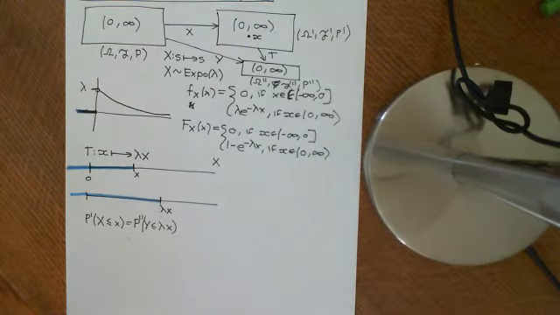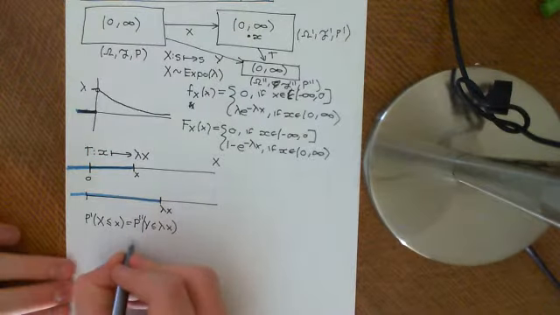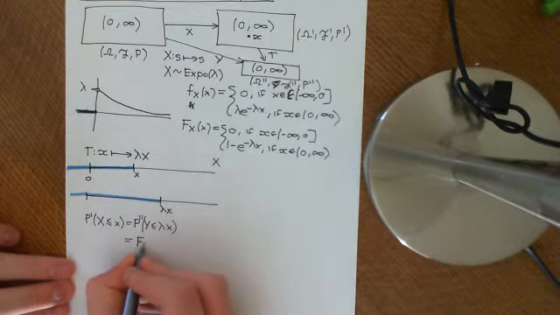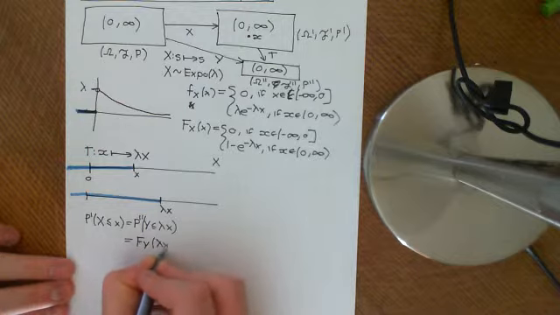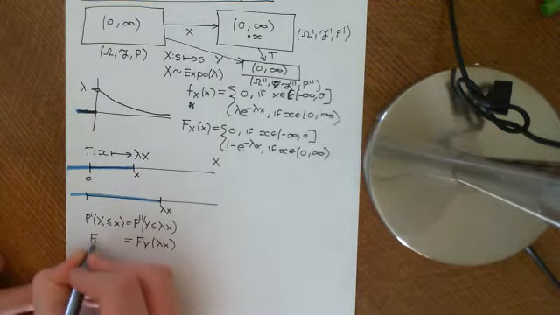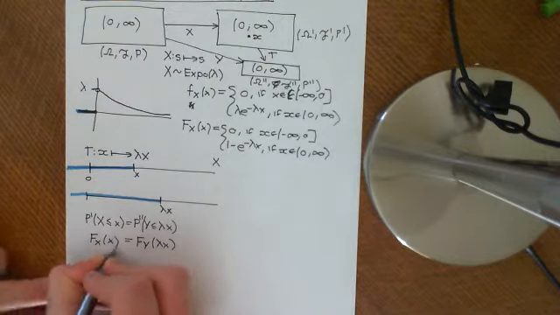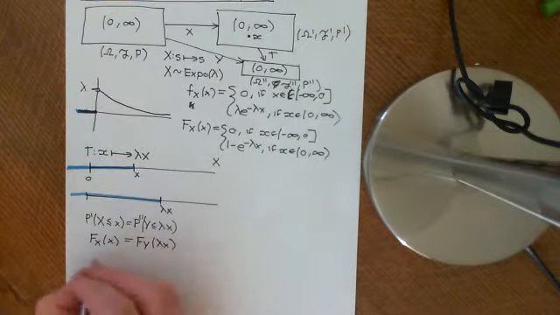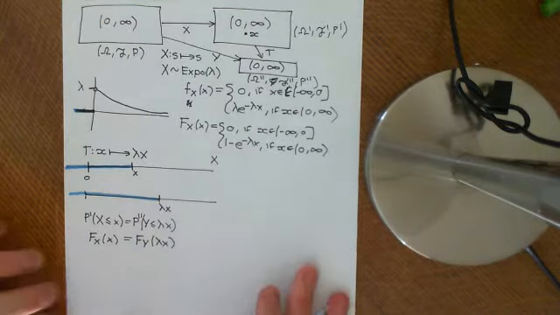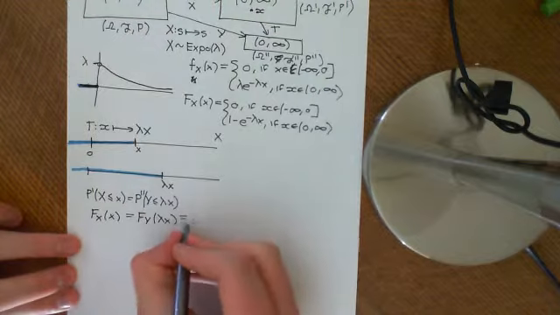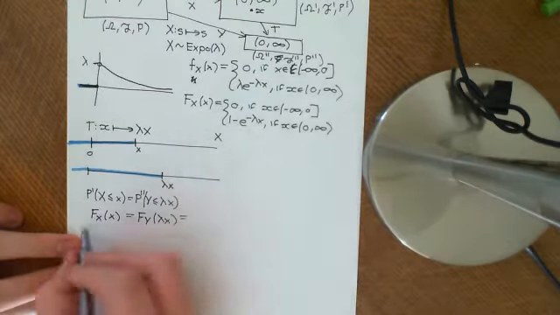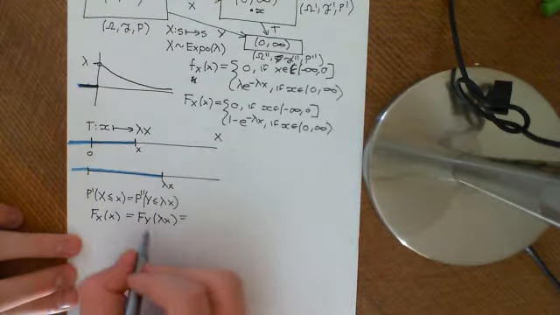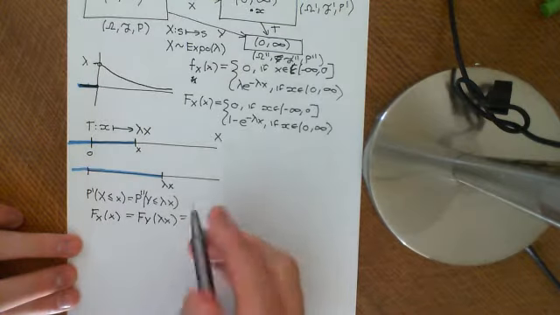Okay, so that says that this is the CDF of the random variable Y evaluated at lambda times x. We want that to equal the CDF of X evaluated at x. Sorry, these are CDFs, not PDFs.